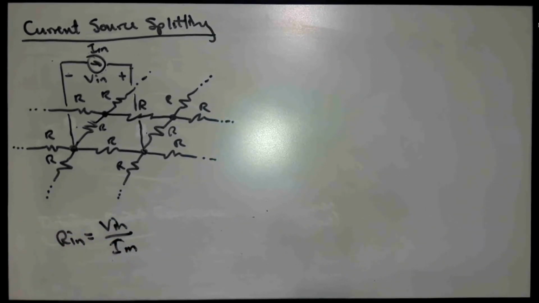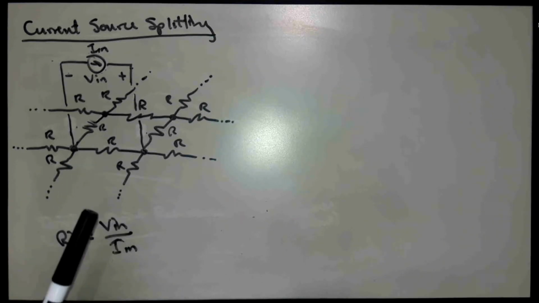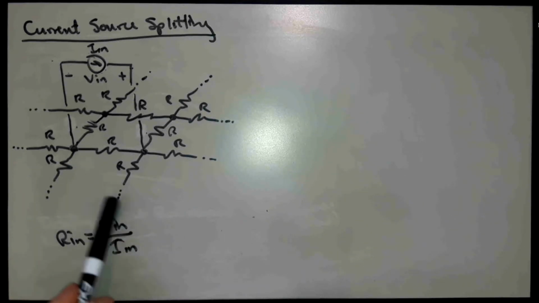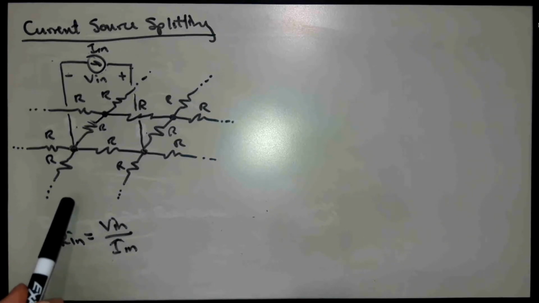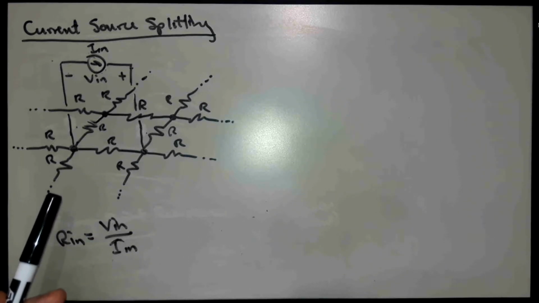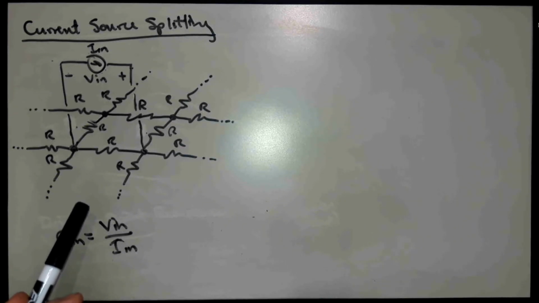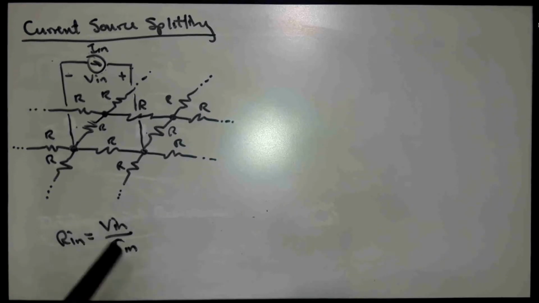Okay, but it's not clear how to do this, right? Because we have an infinite network, and so if you wanted to apply nodal analysis, you'd have this problem where you'd have an infinite number of equations that you would need to consider. And so it's not even clear how to write down the nodal equations if you wanted to apply the method of last resort, which I wouldn't recommend.